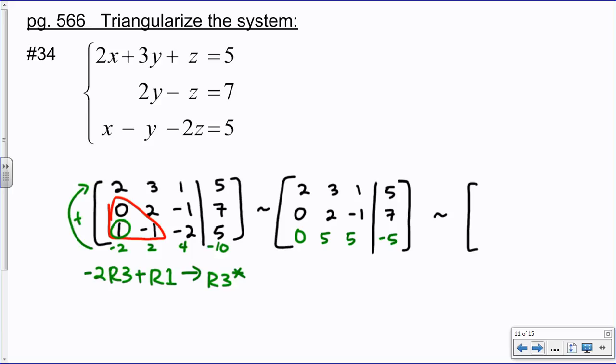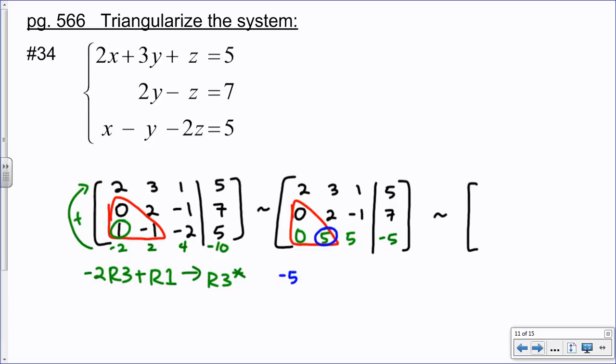Okay, so now I'm almost there. I just need a 0 right here. Again, to do that with the zeros in the first 2 spots, you have to use row 2 and row 3. So what will I want to multiply row 2 by?